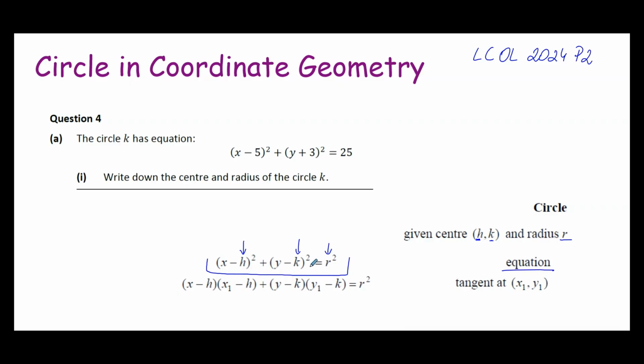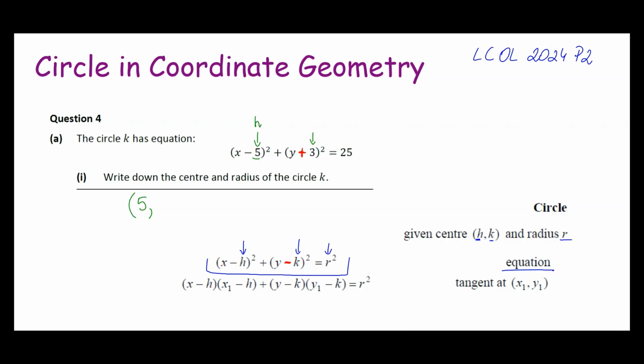So then we have a look at our specific example. Here we can see that in bracket with x, I have 5, so therefore that will be my h. That means the first coordinate of the center will be 5. And then the next one we can see is 3. Now, the problem we are having here is that minus. Look at that. In your formula, you have a minus, but here you have plus.